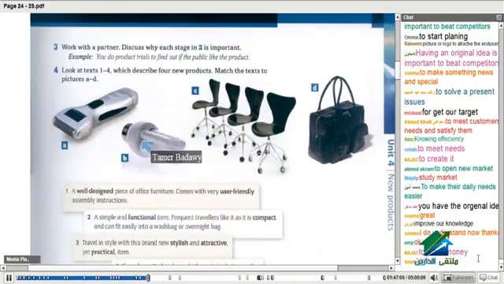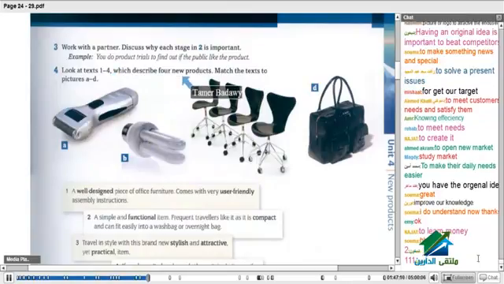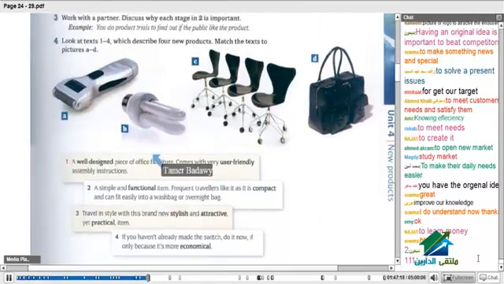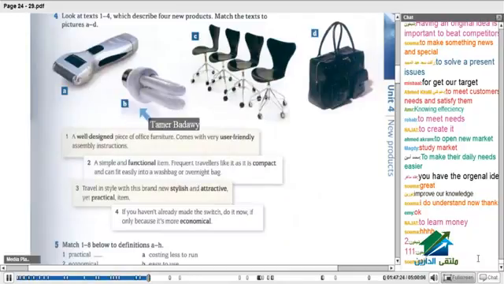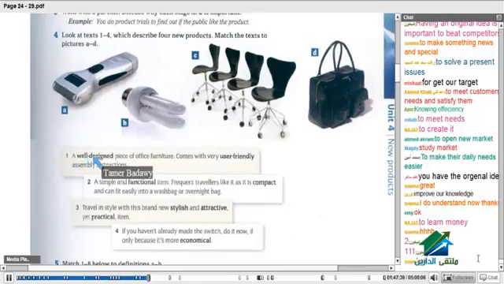Okay, look at texts 1 to 4, which describe 4 new products. Match the text with A to D. We have 1, 2, 3, and 4, and then we have A, B, C. Find which one is describing which product. I will read it for you.